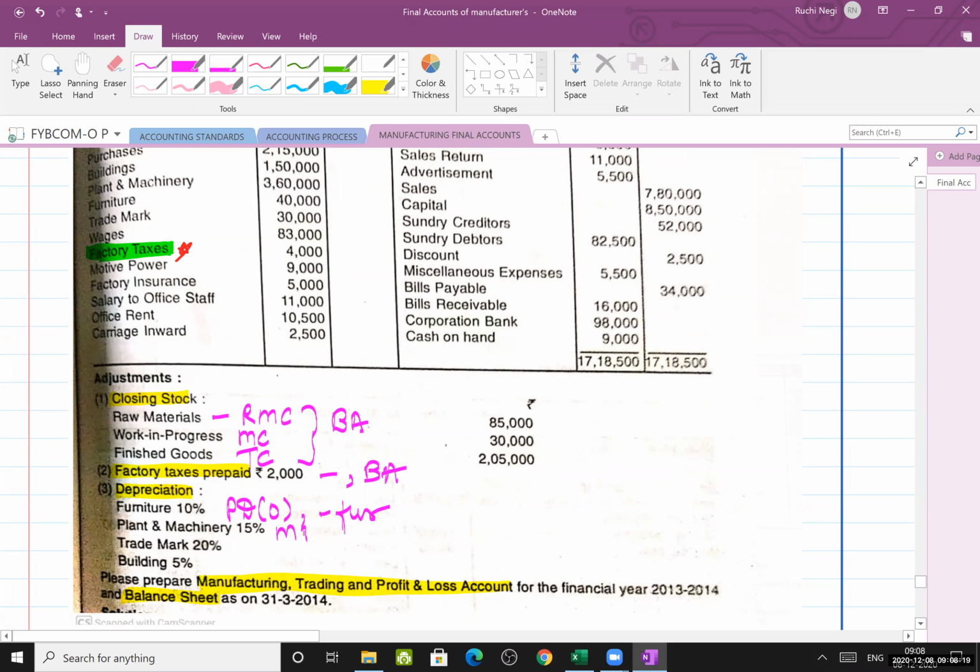So manufacturing debit under the heading factory. Second effect, less from plant and machinery. Next, trademark. It is related to obviously P&L account debit, under the heading office. Trademarks, you can even put it under selling and distribution.